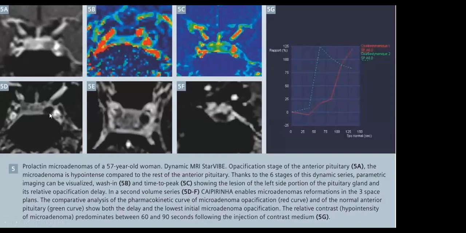The use of this sequence enables visualization of the microadenoma in 3 planes. This is the microadenoma, and this is the graph of the pharmacokinetics of the adenoma, and this is the normal pituitary gland enhancement. As you see here, there is a gap in the enhancement of the microadenoma as it is delayed.